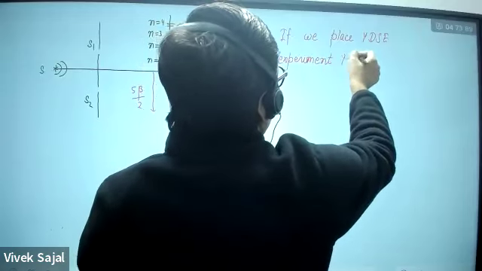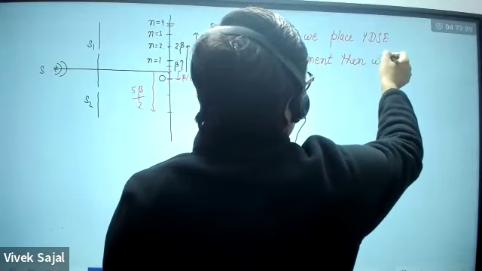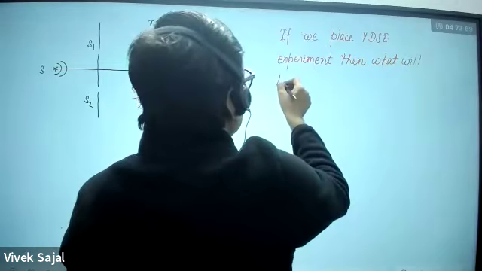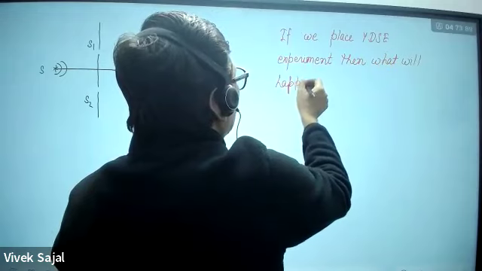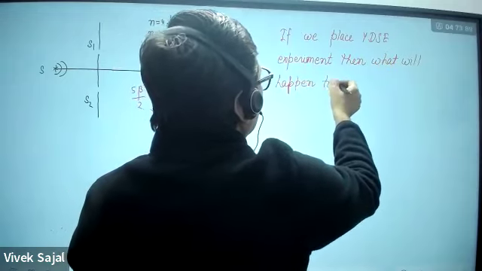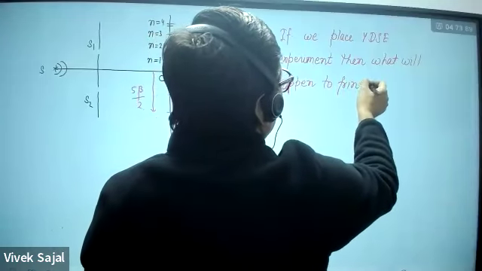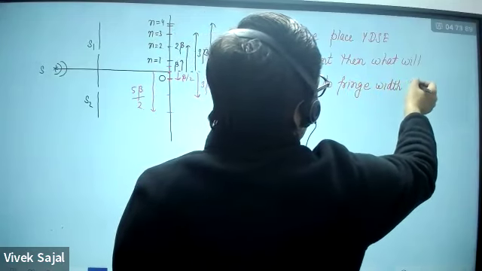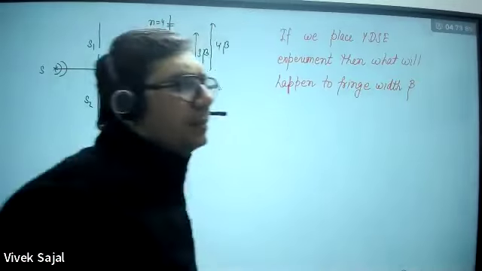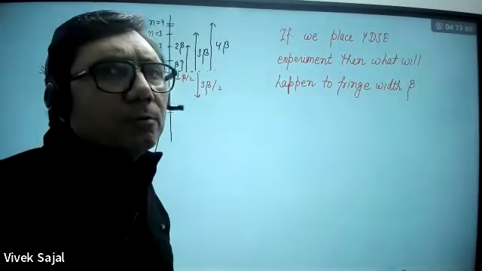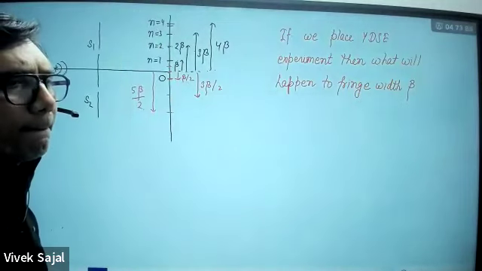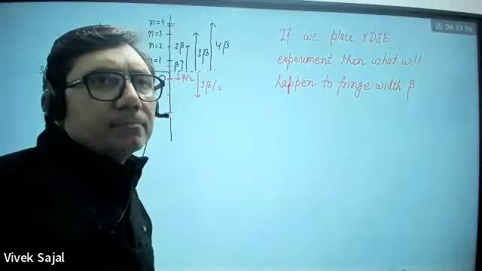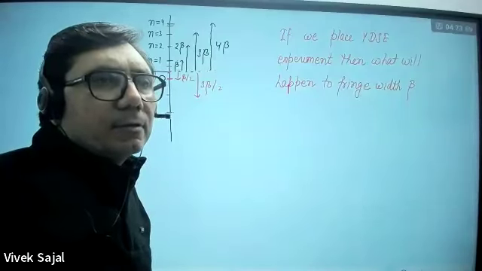What will happen to the fringe width beta?